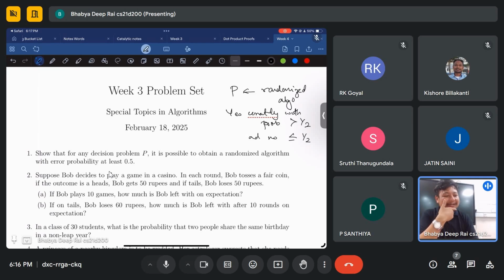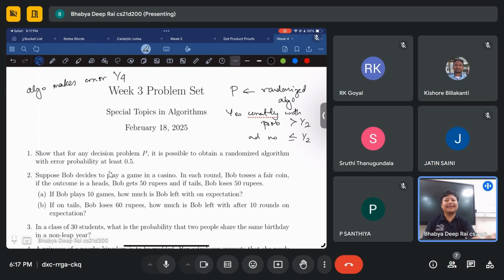What if I say the following: my algorithm makes an error with probability 3/4 on both sides?